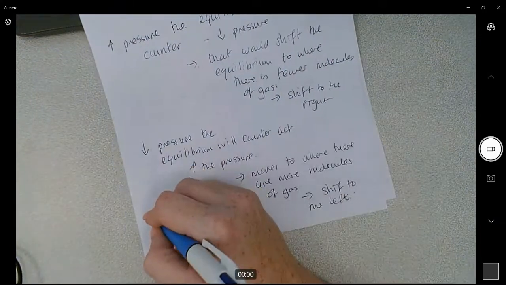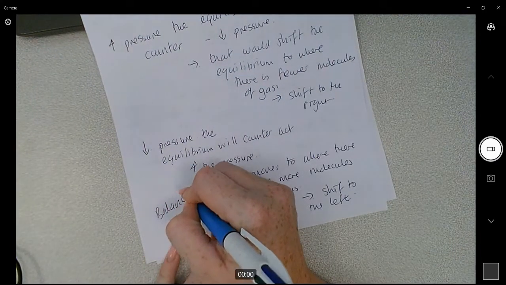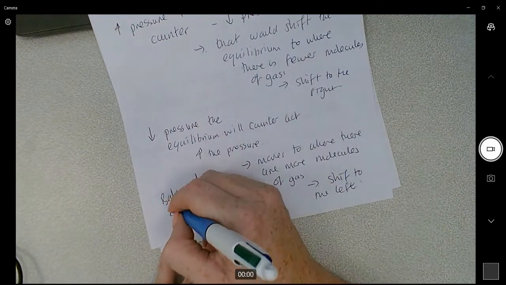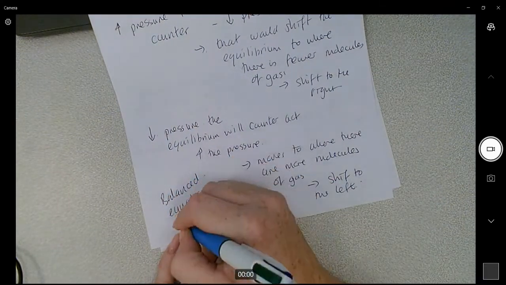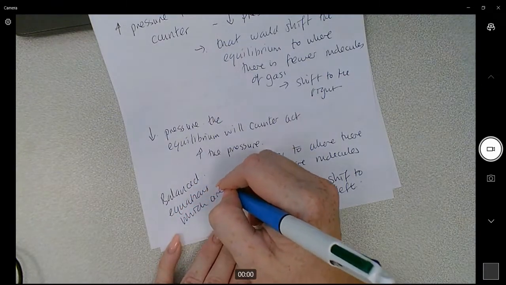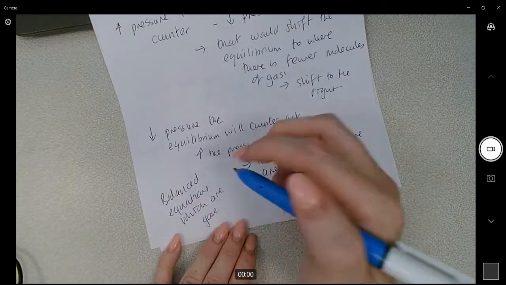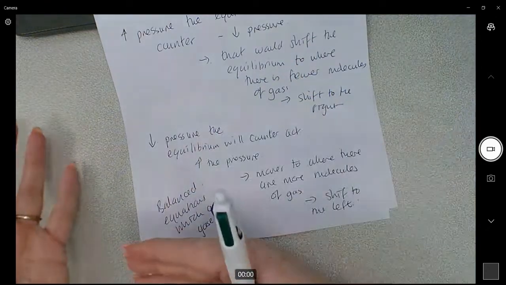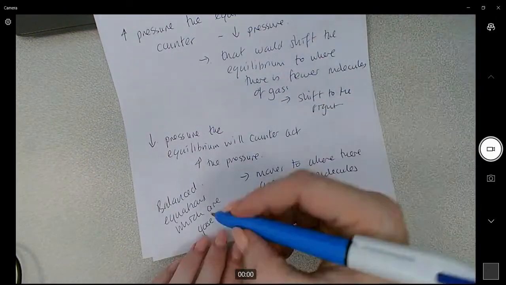So it's all about balanced equations, okay, which are gases. Because that allows you to work out where the more moles of a substance will be. Is it the reactant side? Is it the product side?